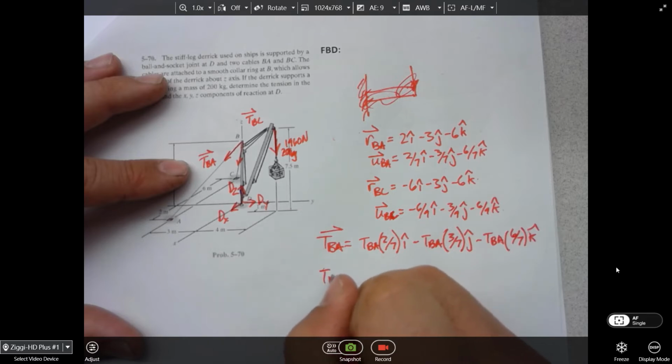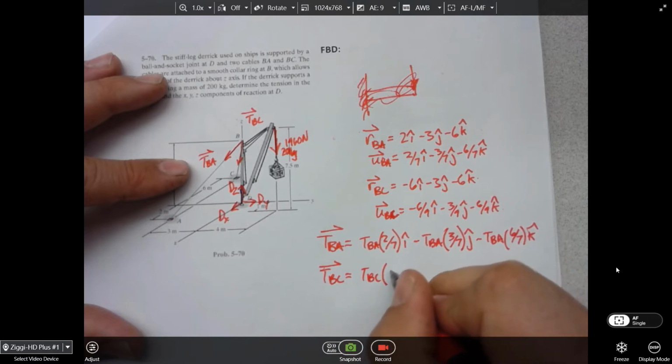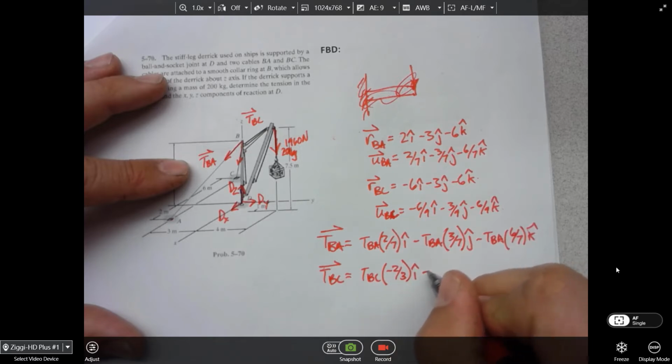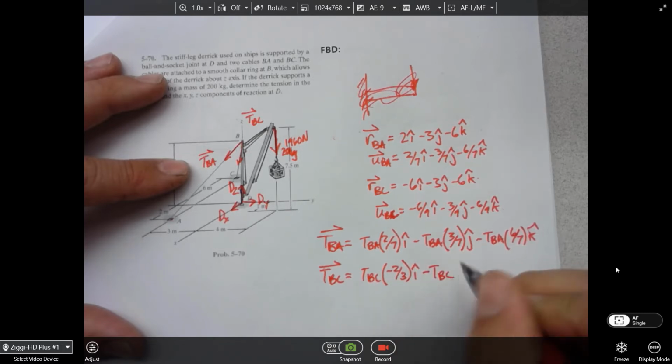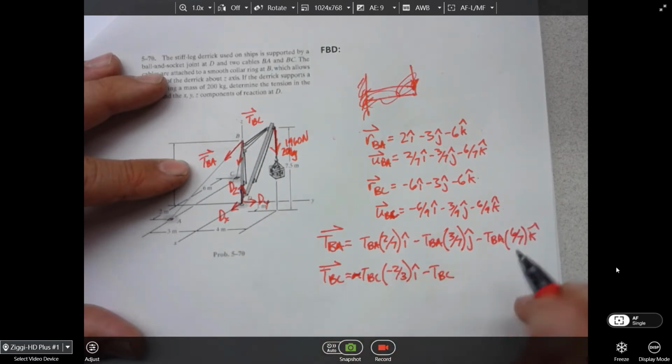And same thing for TBC. It's just going to be TBC times negative 6/9, which is 2/3 I hat, minus TBC, oops, and this should have been negative up here.